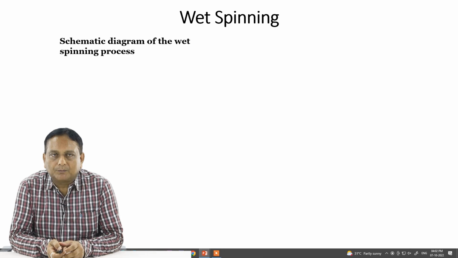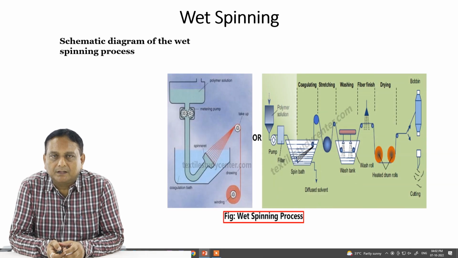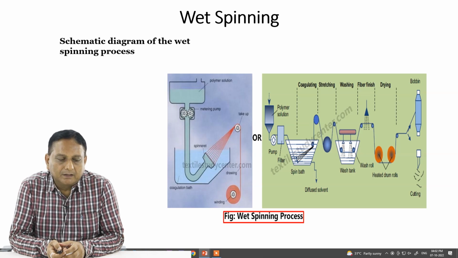Now the schematic diagram of the wet spinning process is there. By following this route, the wet spinning operation is carried out.